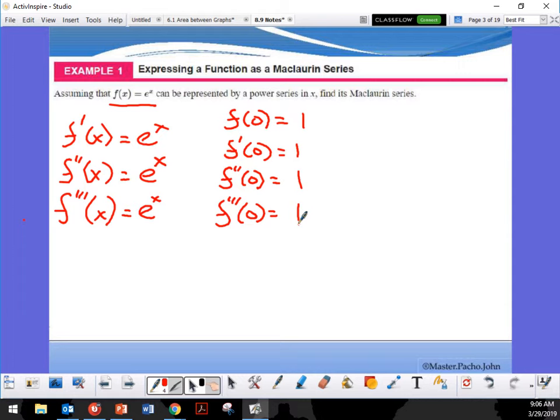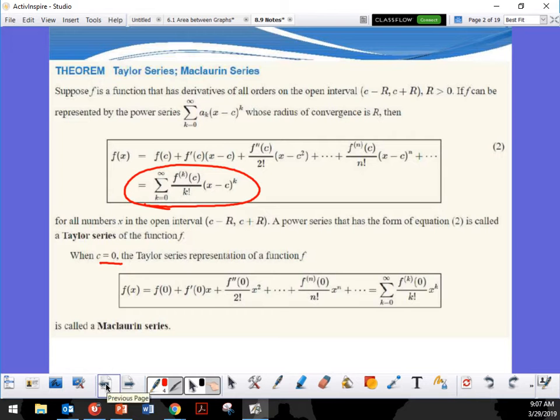It's going to be f of 0 plus f prime of 0 times x over 1 factorial. I don't want to mess up the k. All right, there it is, right here.